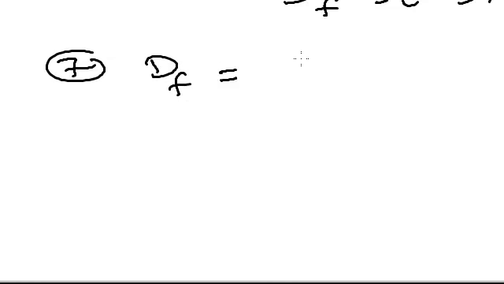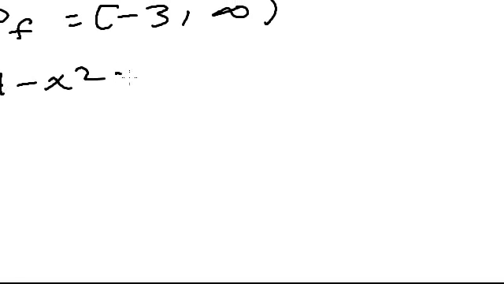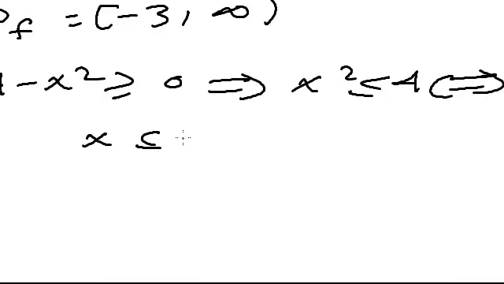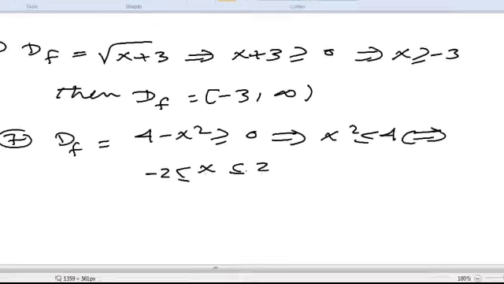Number 7, domain of f: 4 minus x square greater than or equal to 0, x square less than or equal to 4, equivalent to x less than or equal to 2 and greater than or equal to minus 2.